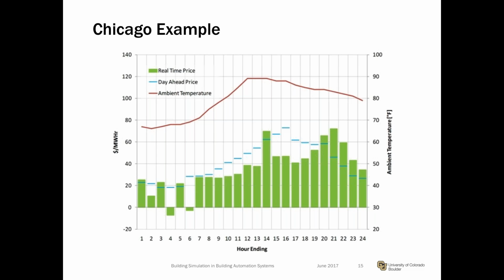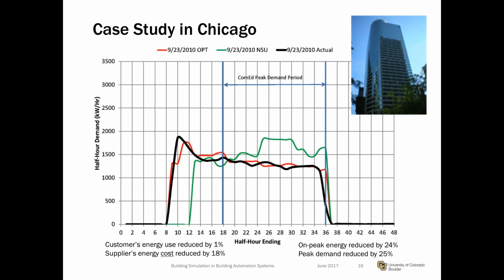When we deploy this problem to an actual office building in Chicago, we see the following. We have a building up here that is in the loop in Chicago of about 100,000 square meters in size, about 1 million square feet. This building was controlled for a particular day here.